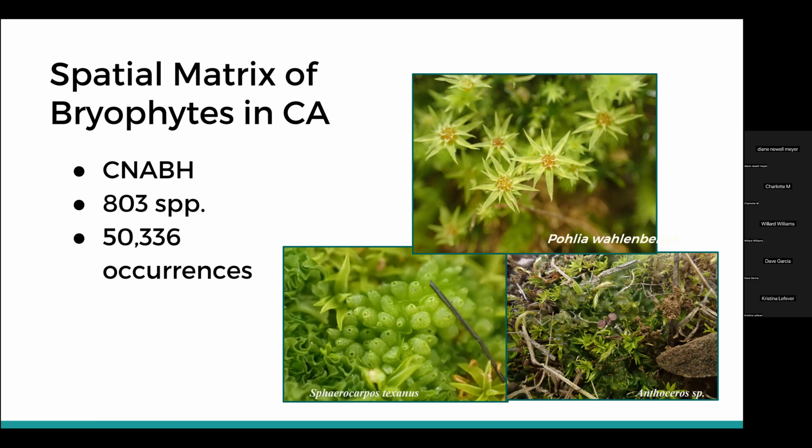And so with all this data, we create basically a spatial matrix. So we have our coordinates tied to each record of a collection of a correctly identified bryophyte within California.